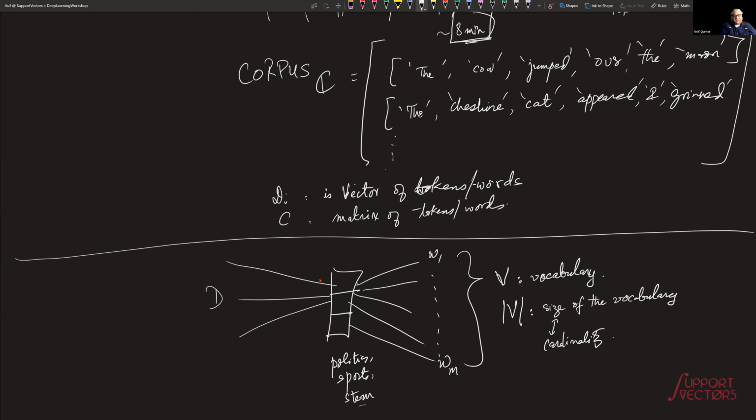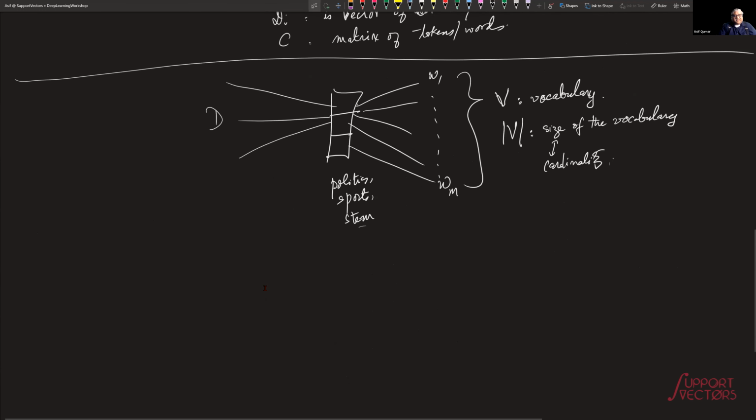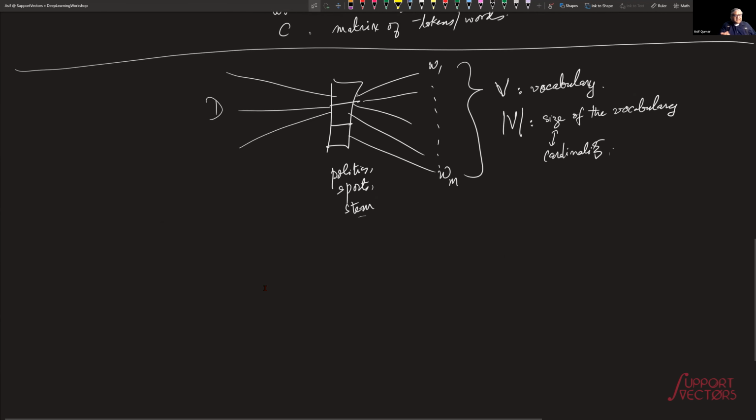On the other hand, if you look at the words and their frequencies in a sufficiently large corpus, let's take an example corpus. Let's take Wikipedia, where each article is a document.